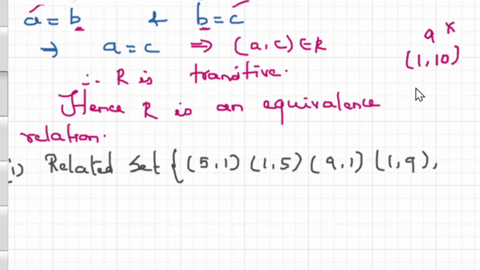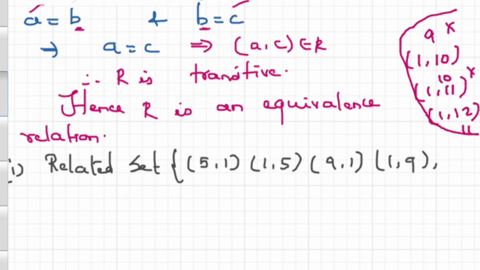It is not a multiple. Like that, 1 comma 11 has difference 10, which is not a multiple of 4. And 1 comma 12 has difference 11, so it is not a multiple. So we can have only these pairs. This is our answer for the first subdivision.